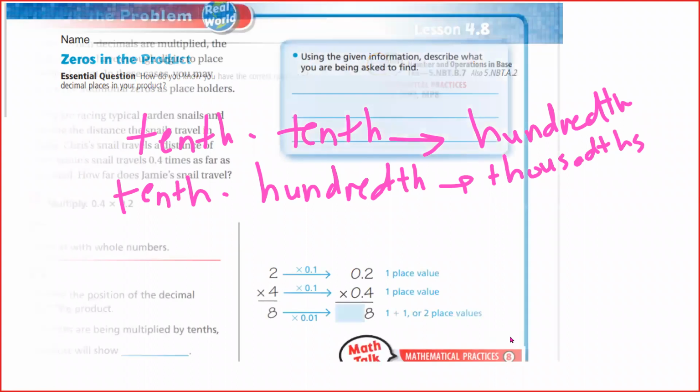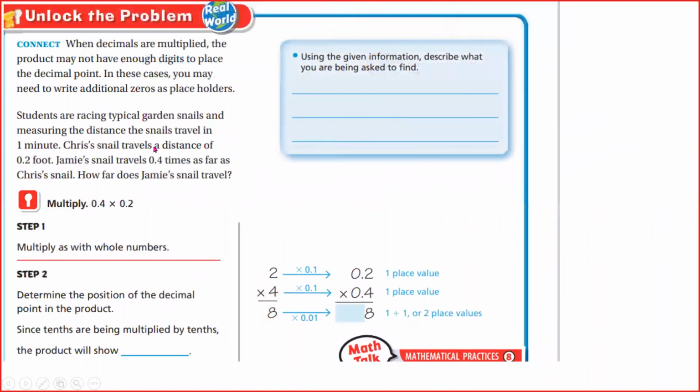Okay, now all of you, please open your book, page 277. Teacher, I already did the one under there.